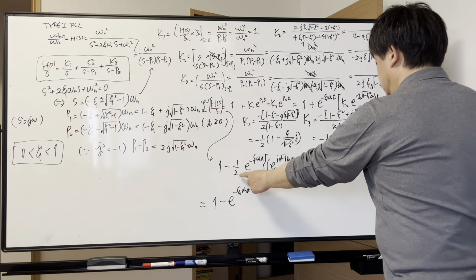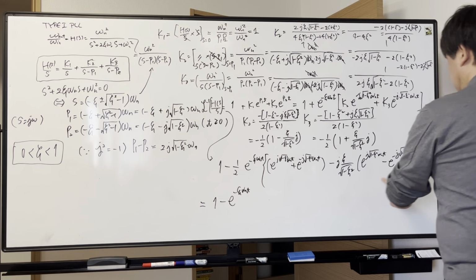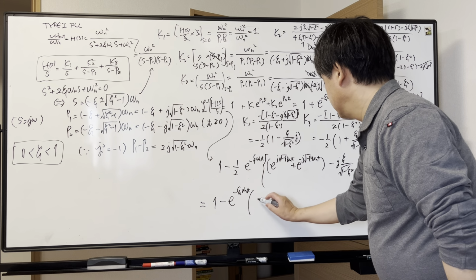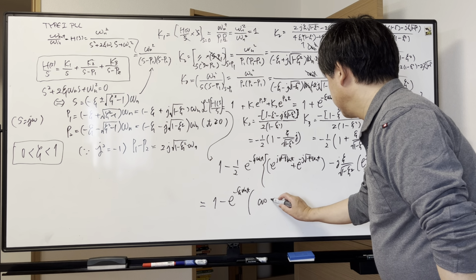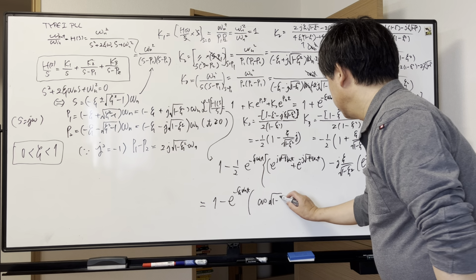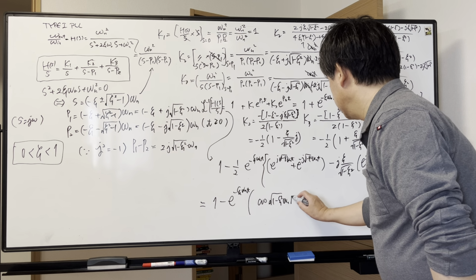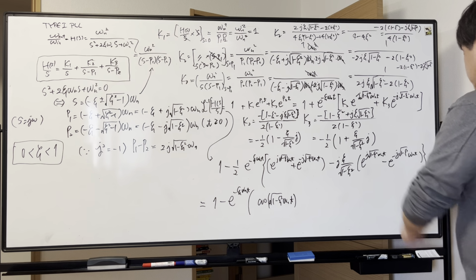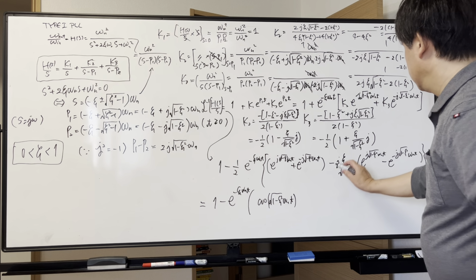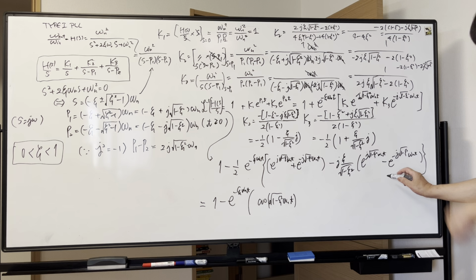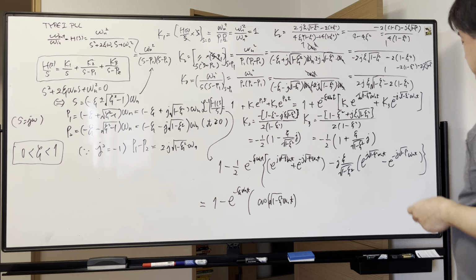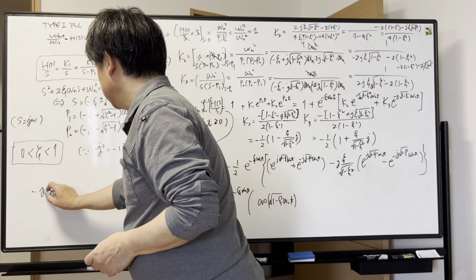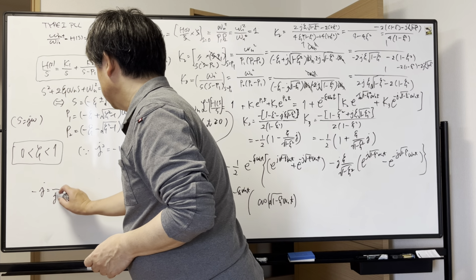This 2 is coming here, and this makes cosine of square root of 1 minus zeta square omega n t. And for this one, we need j for the denominator, so minus j equals 1 over j.